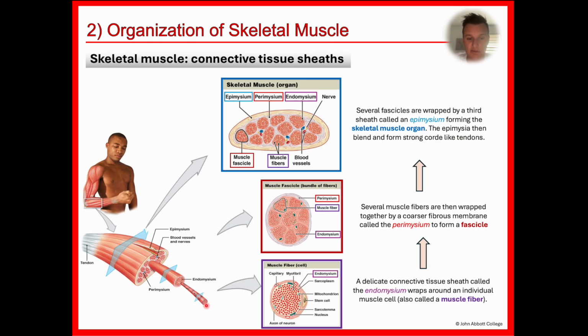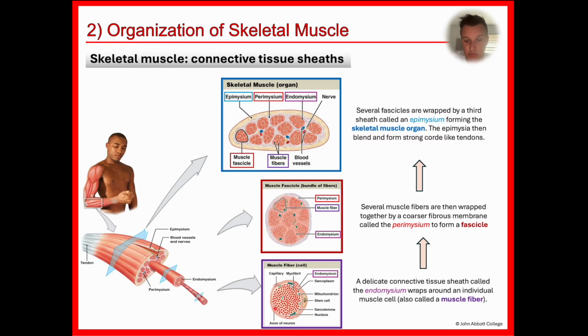So I want to start with the lowest one. This is one muscle cell. You would need a microscope to look at this, right? But this is one muscle cell called a muscle fiber. Over here, this is one cross section, as if I chopped here, of one muscle fiber. You see that around it, there is this connective tissue.